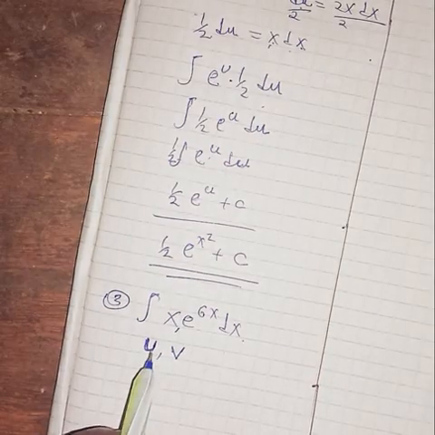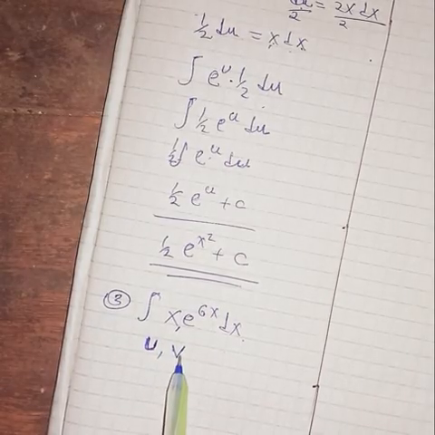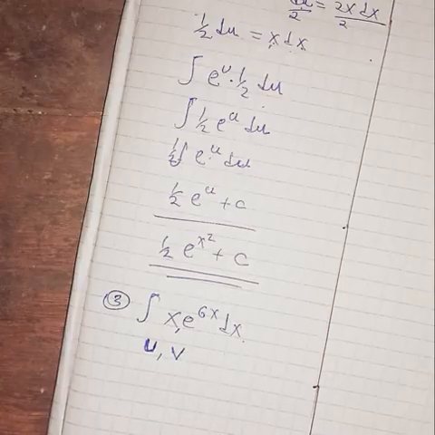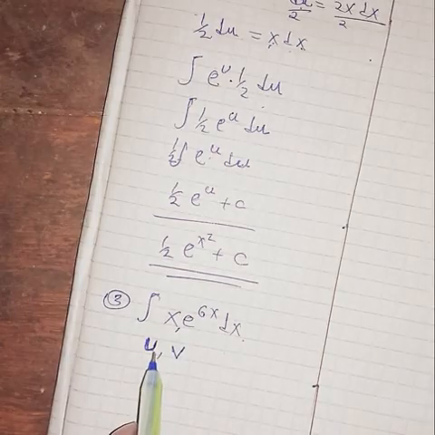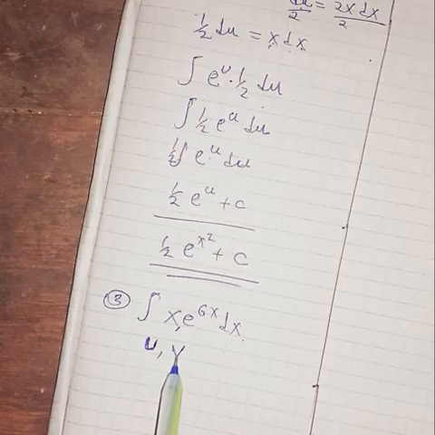If one part takes u, the other part must take v. In most cases, when one is in derivative form, the other is in integral form.